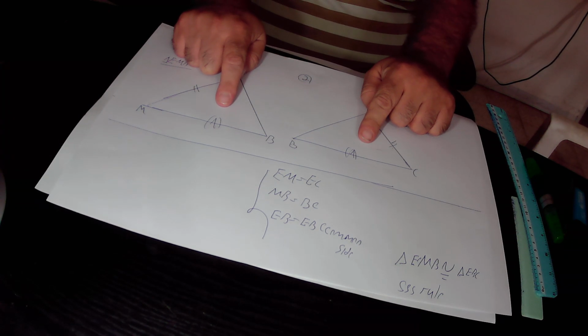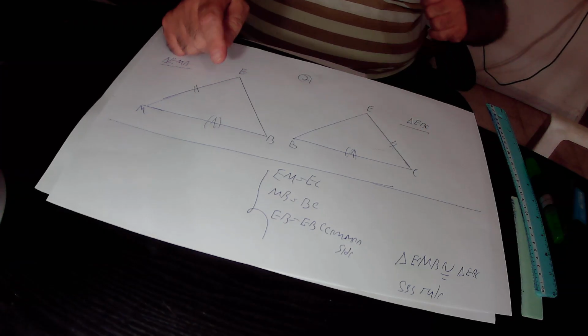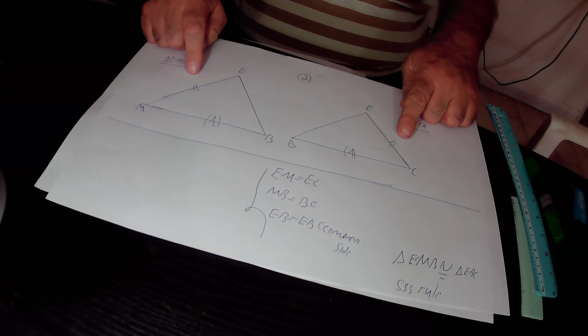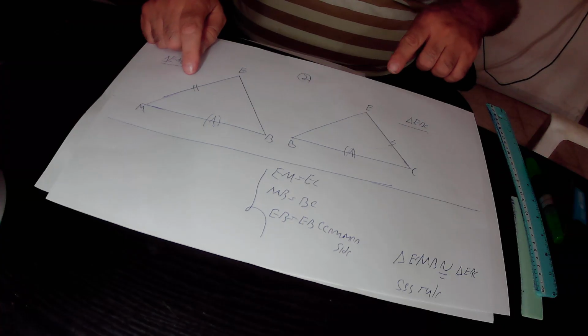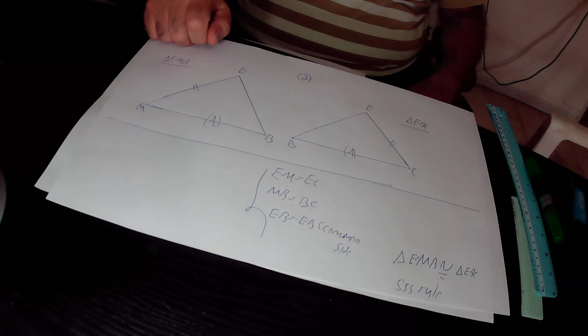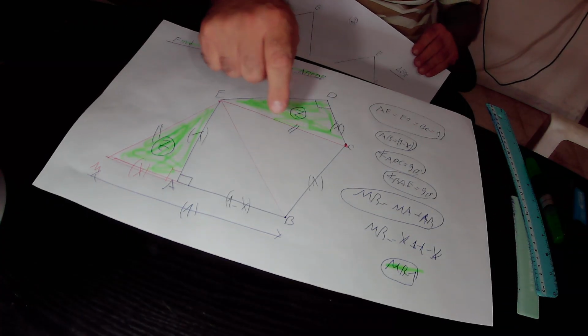That is to say, AB equals BC equals 1. In addition, those two sides are also equal to each other, therefore EA equals EC. And finally, EB is a common side that belongs to both triangles.